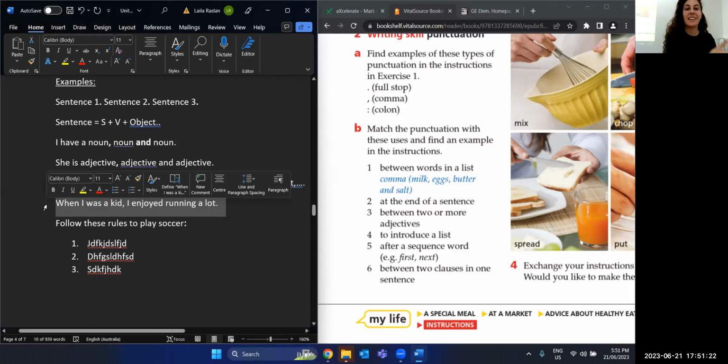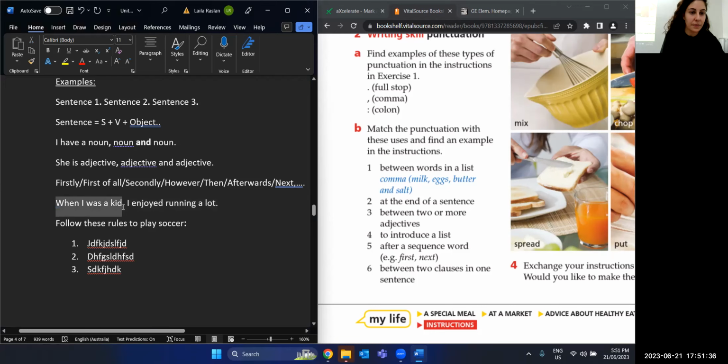It's, when I was a kid, I enjoyed running a lot. Not just "I enjoy running a lot now." It was when I was a kid. Does that make sense? These are clauses. This is one clause, and this is another clause, and they must go together to make a complete sentence. So it's like clause plus clause.